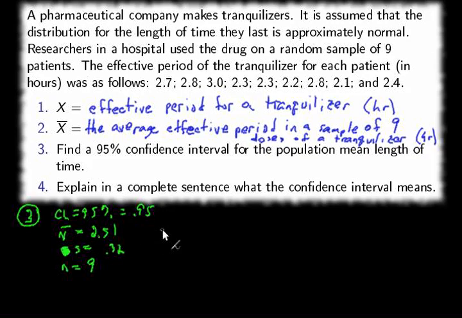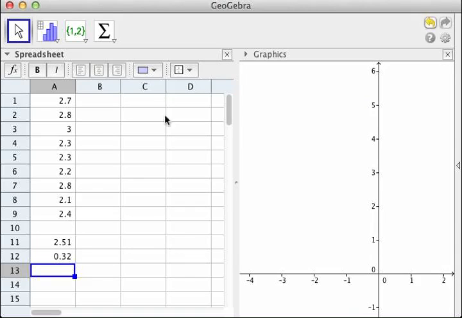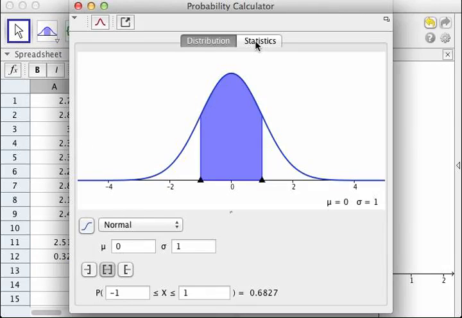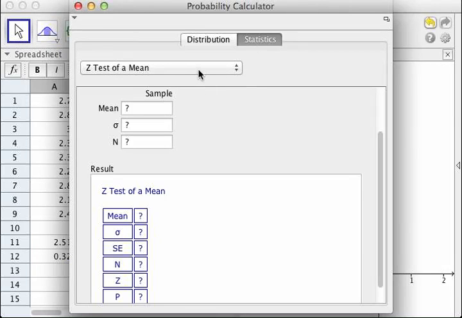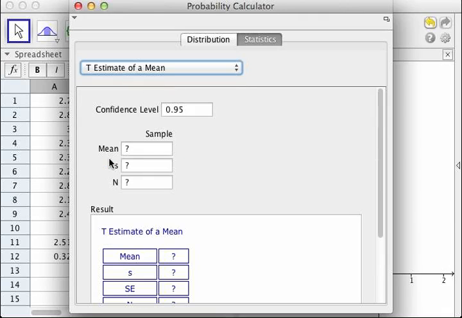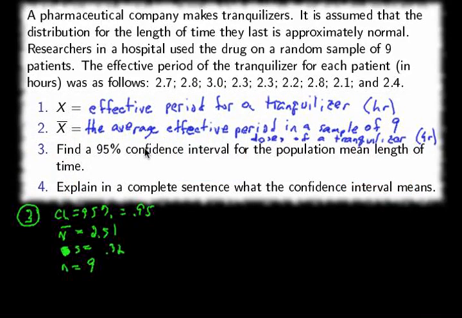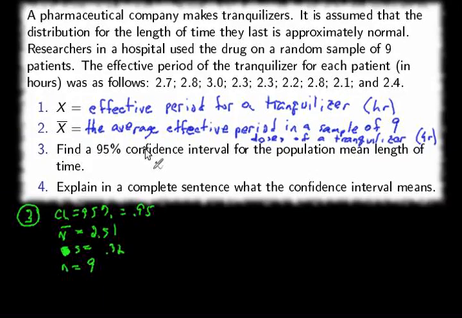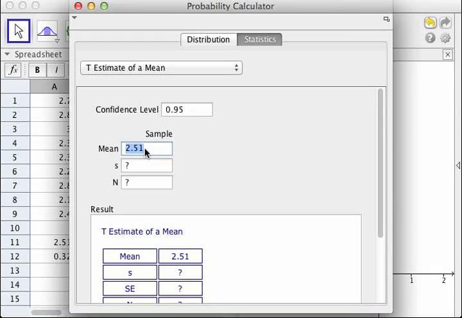Now that we have the information, we can ask GeoGebra by using the probability calculator and statistics, and we want a t estimate of a mean. Confidence level is 0.95. The mean, 2.51. Standard deviation, 0.32.